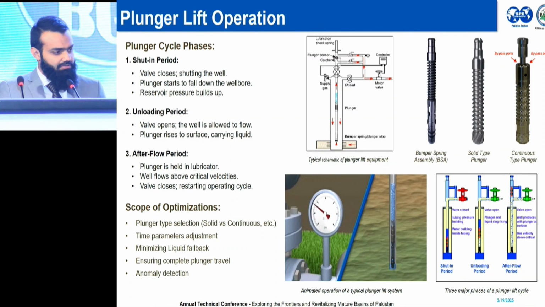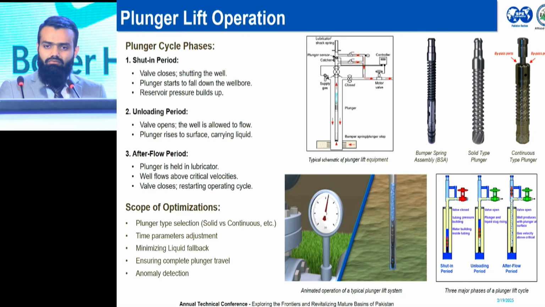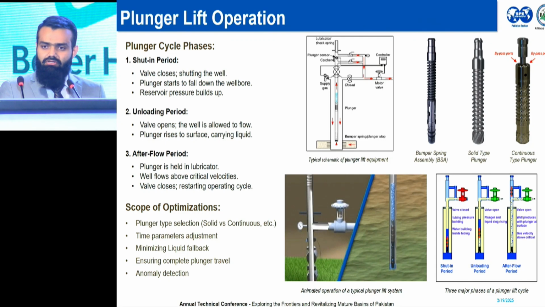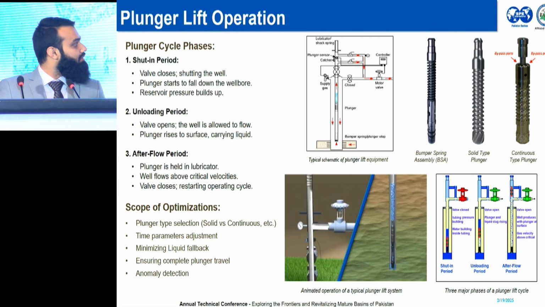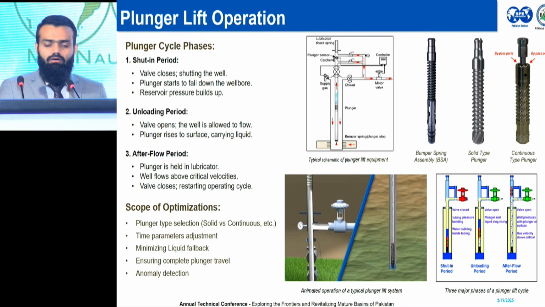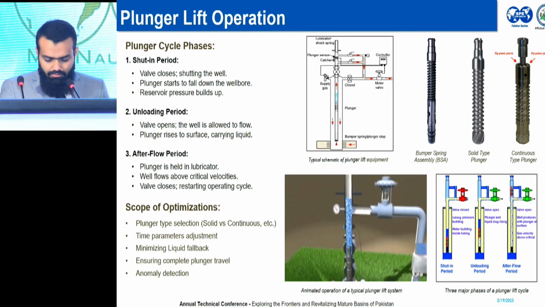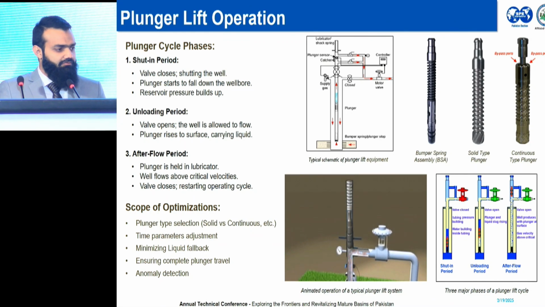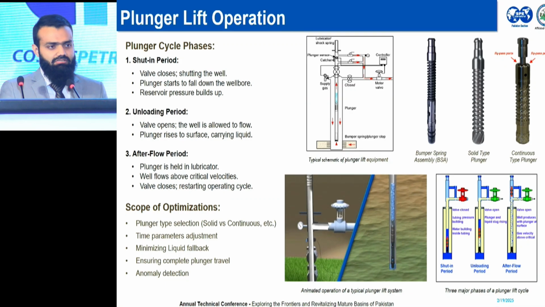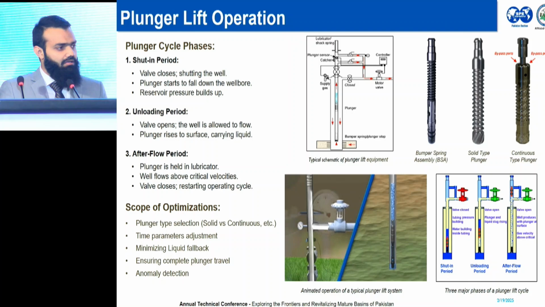A piston-like plunger reciprocates up and down the wellbore and lifts the liquid up to the surface. That reduces the flowing bottom hole pressure, increases the lift, and allows sustainable flow from the well.